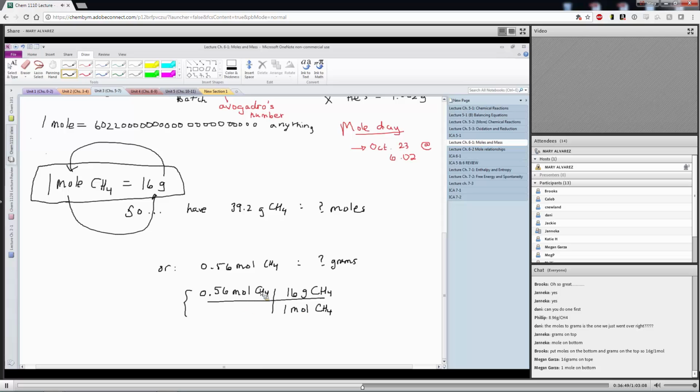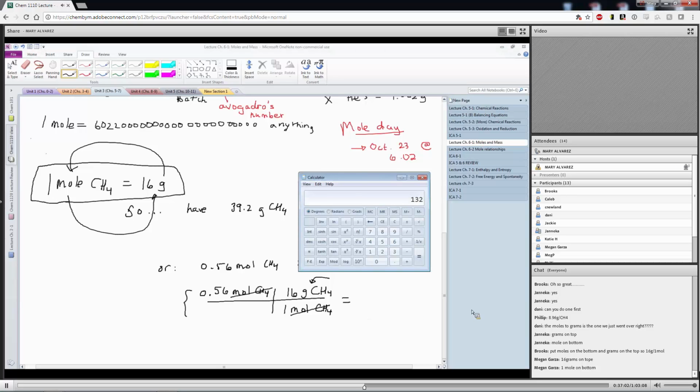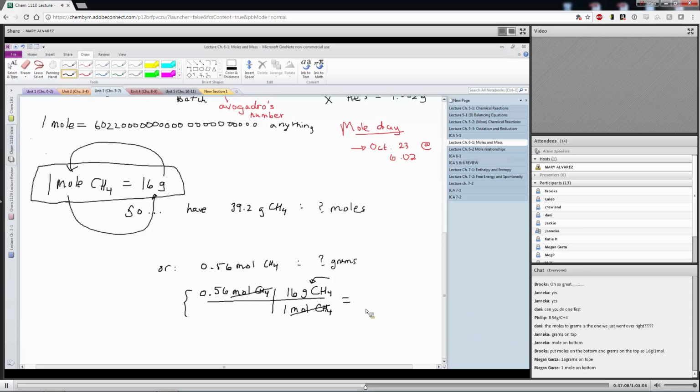So my moles of CH4 will cancel, and I'll be left with grams of CH4, and that's exactly what I asked for. Excellent. So I can stop, and all I have to do is multiply through. 0.56 multiplied by 16 gives me 8.96 grams of CH4. Excellent job, Philip. Great job.